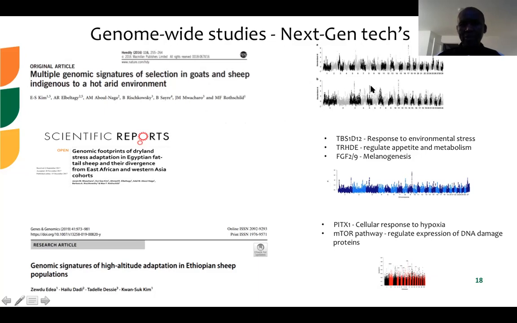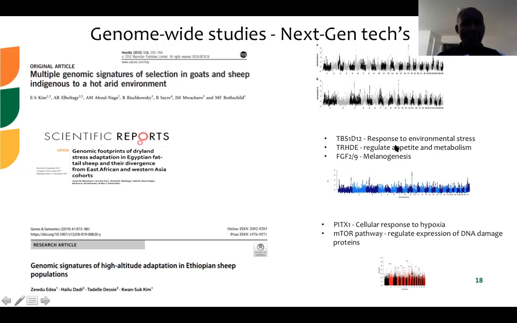And these regions spanned a large number of candidate genes. Amongst these genes, there are 3 which are worth mentioning: TBS1D12, the DRHDE, and the FGF2 and the FGF9. These genes are associated with the response to environmental stress, regulation of appetite and metabolism, and melanogenesis.